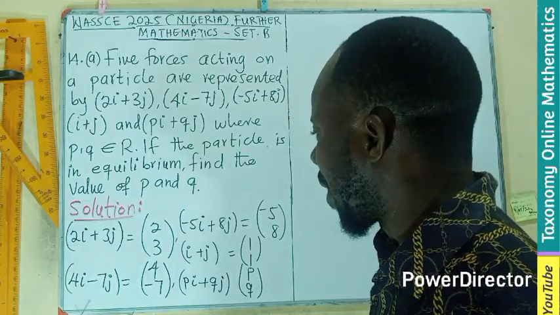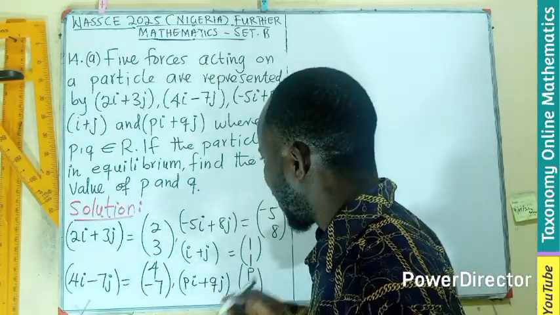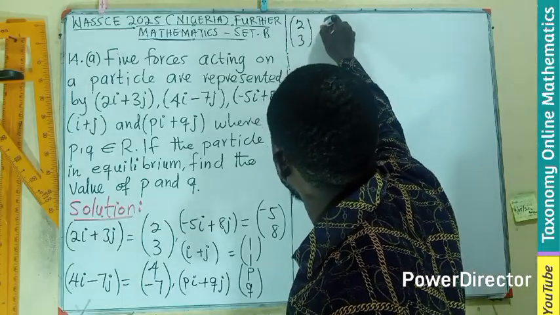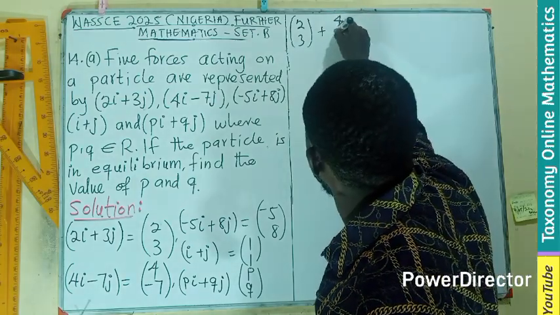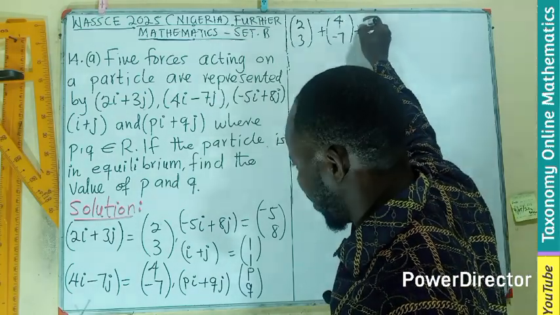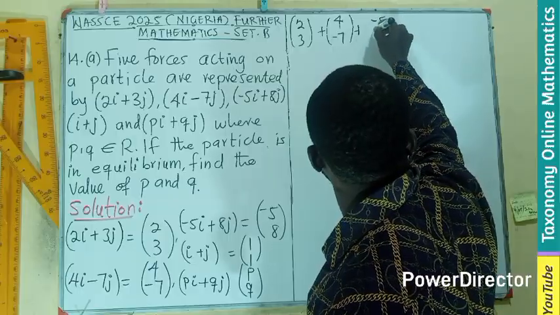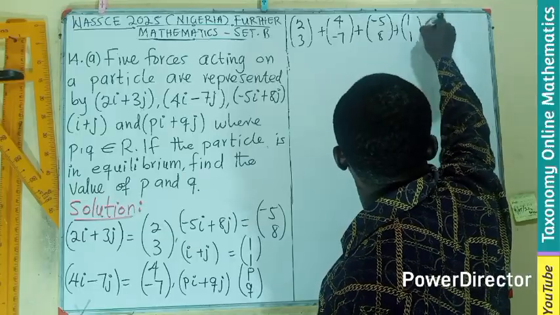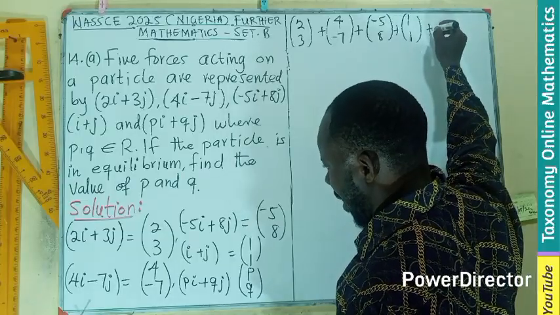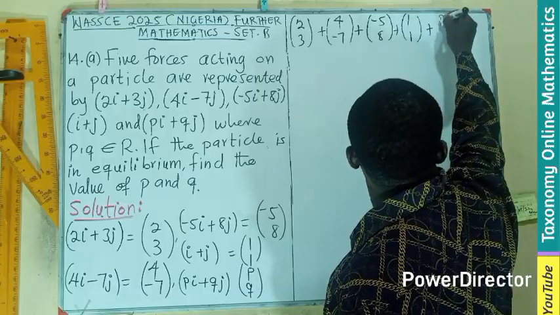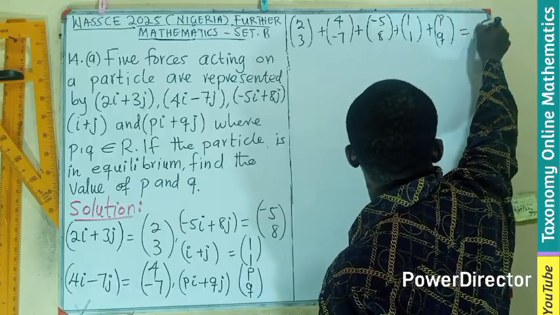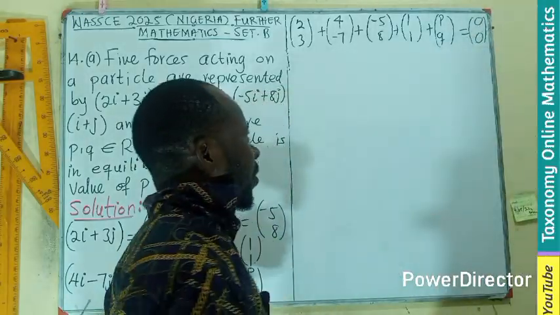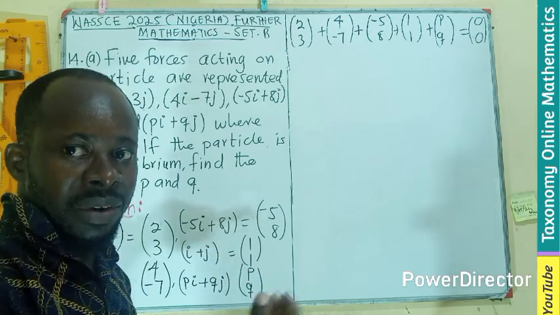If I add all these forces and they are in equilibrium, then it means 2, 3 plus 4, negative 7 plus negative 5, 8 plus 1, 1 plus P, Q. All these will give you what? 0, or better still, the 0 vector, as in if they are in equilibrium.